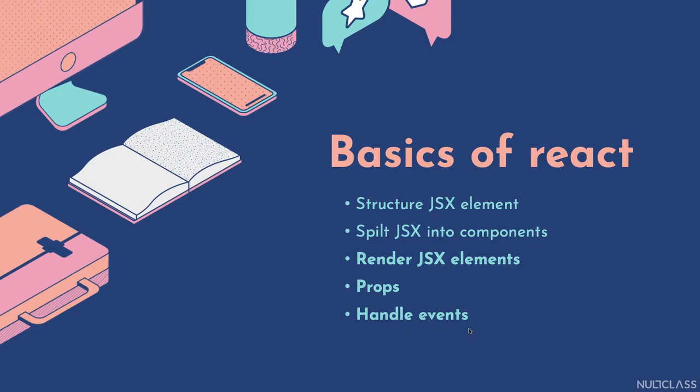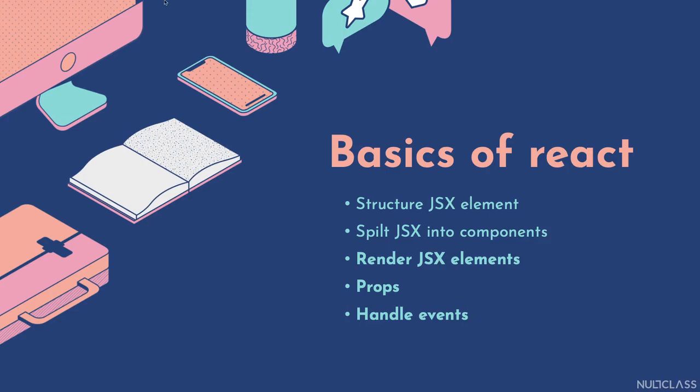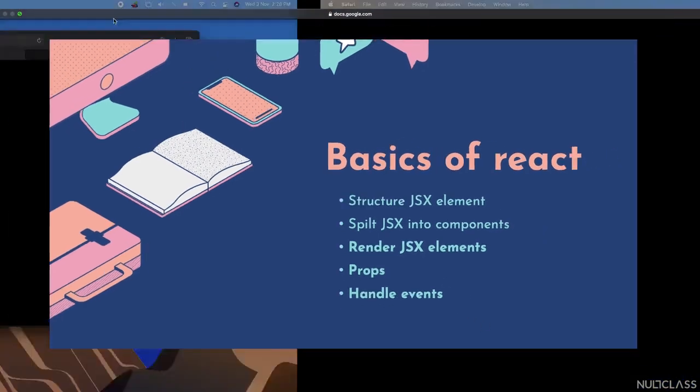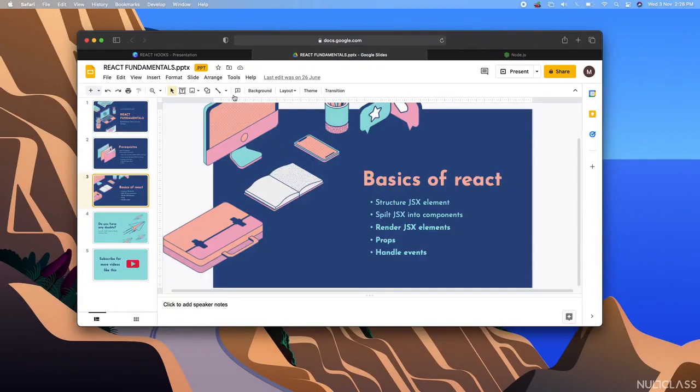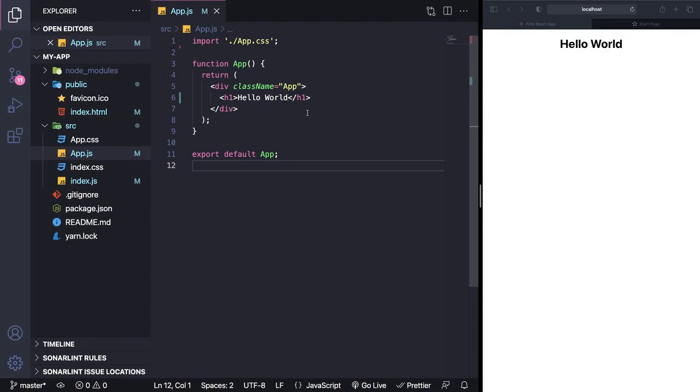We saw event handlers in the last lecture of JavaScript, but in React we will see much more about that. So I think that's all about the basics. Now we will go to the programming part of the basics.